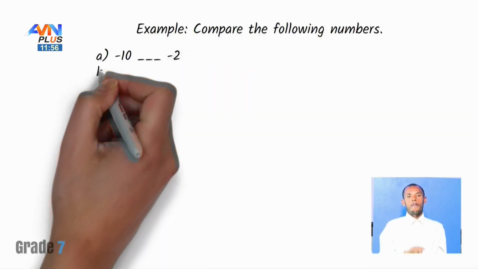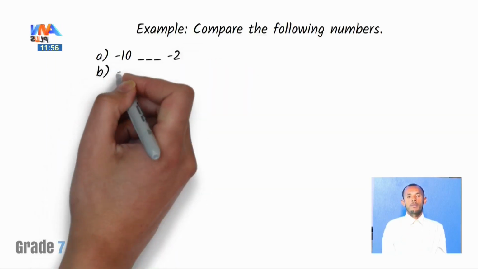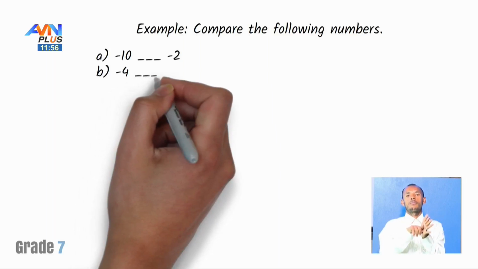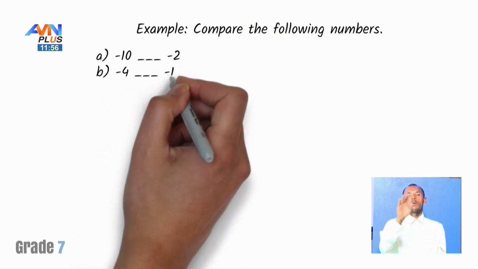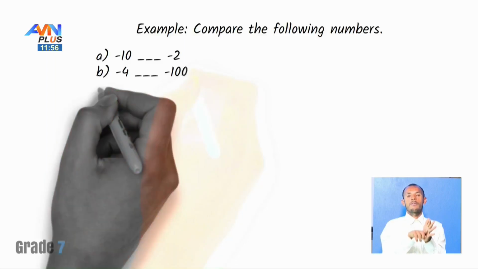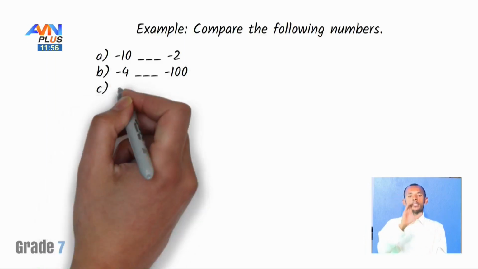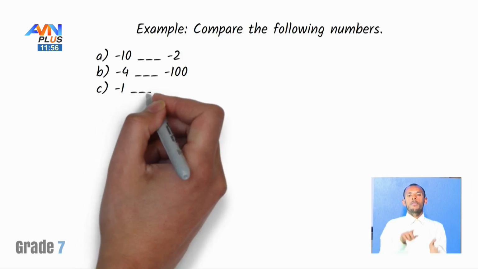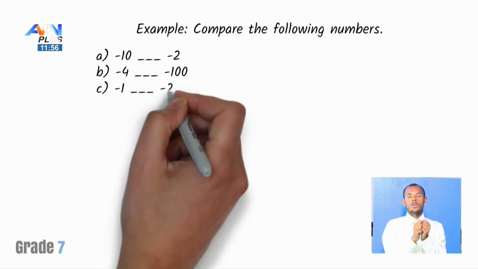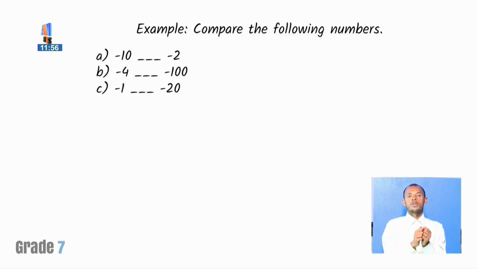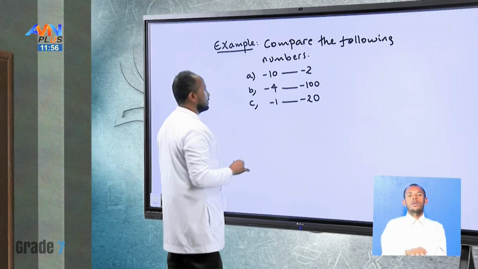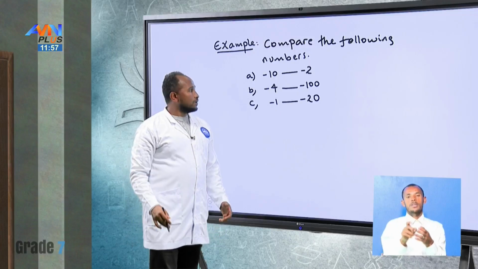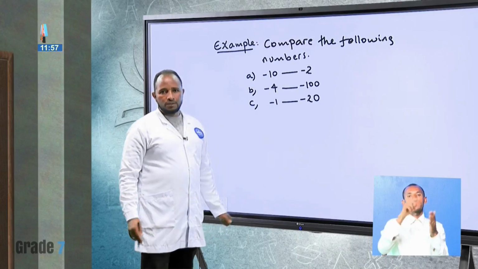And B, negative 4 with negative 100. And C, negative 1 with negative 20. Please, students, try these questions. I'll give you 10 seconds for this.